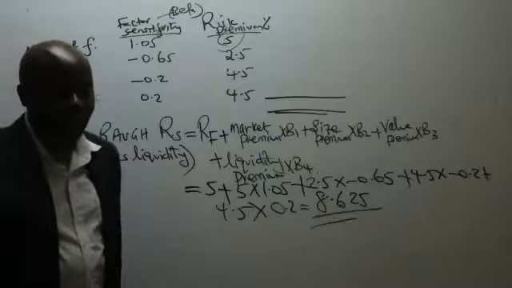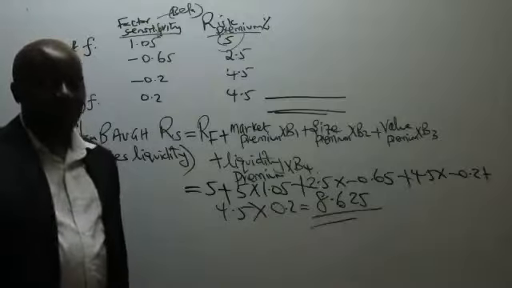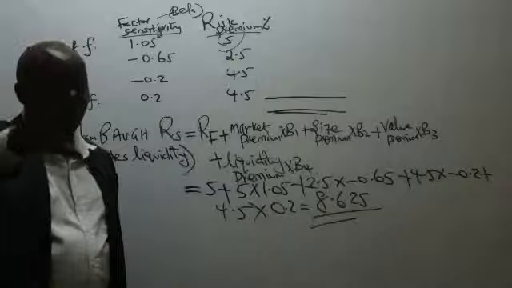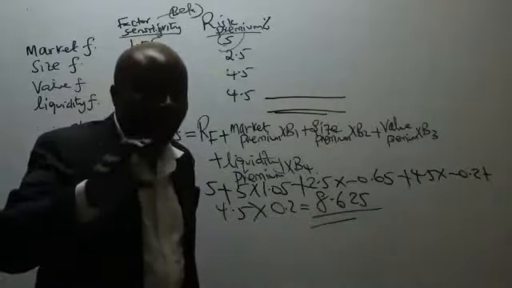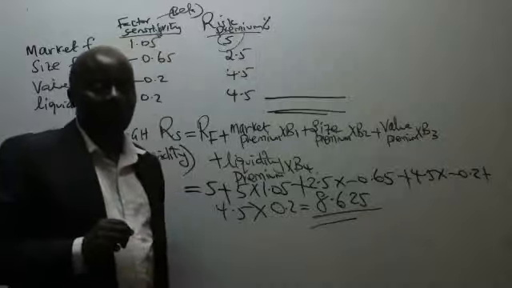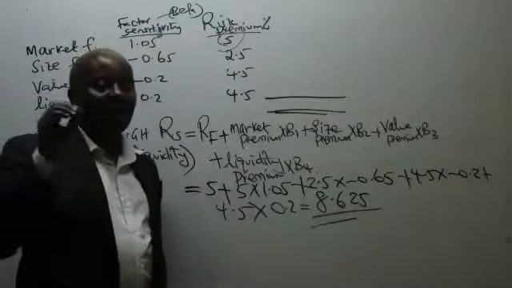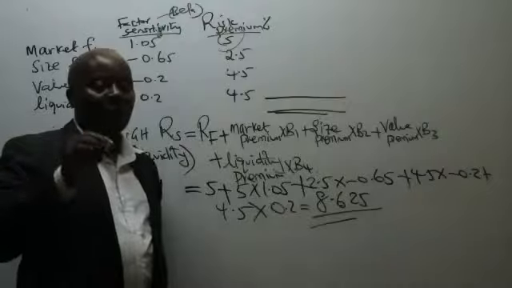So is that correct? Thank you very much. If somebody asks you to differentiate between the Fama-French and Pastor Stamberg's models, what is the clear-cut difference between the two models?